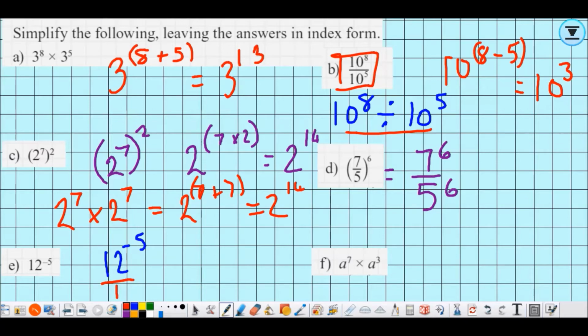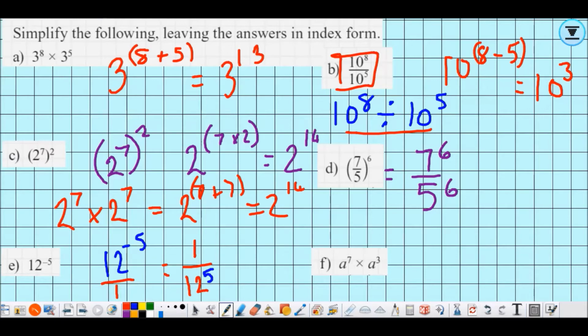So if you imagine it as a fraction of 12 over 1 and we want to do the reciprocal, we turn it upside down, and that's what the negative in the power is going to do. So I flip it on its head, which gives me 1 over 12, and remember my power then turns from a negative to a positive, to the power of 5. So 1 over 12 to the power of 5.